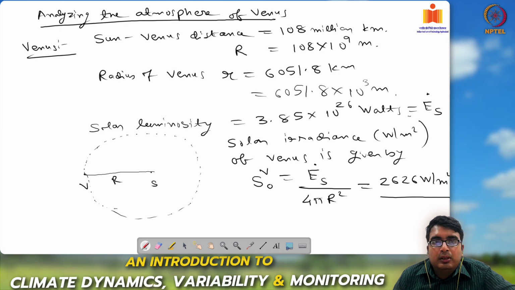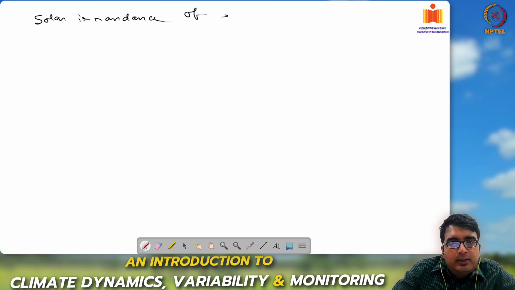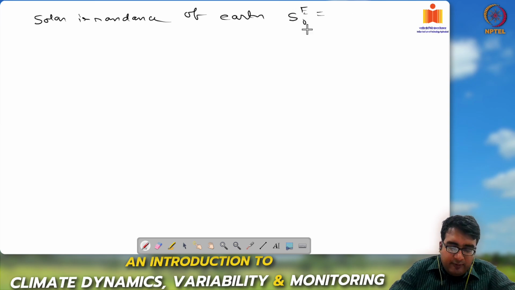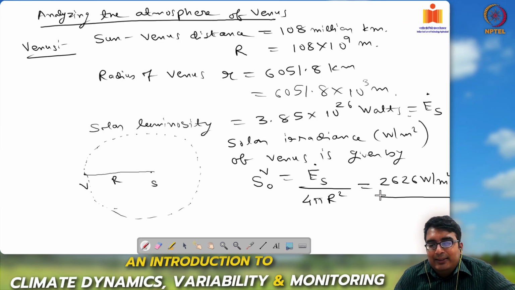Now, remember that the solar irradiance of Earth, so S0 of Earth, was given by 1360 watt per meter square. Okay. So you can see here that the solar energy per unit meter square that is reaching Venus is almost twice that of Earth, because Earth is further away from the Sun compared to Venus.